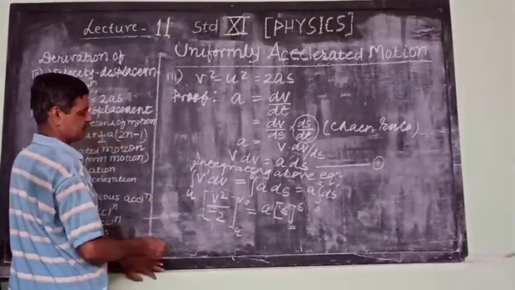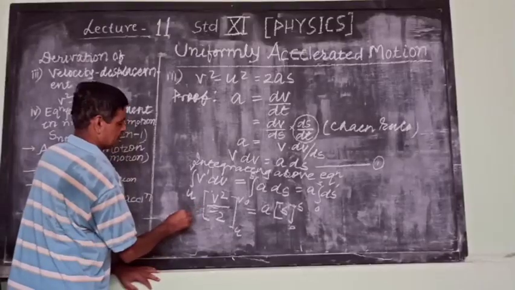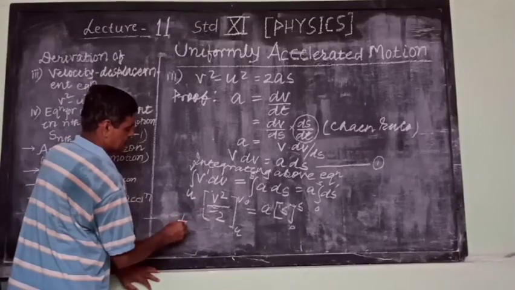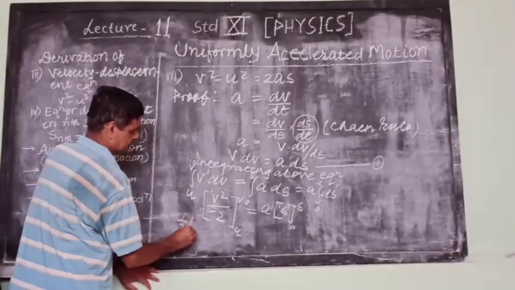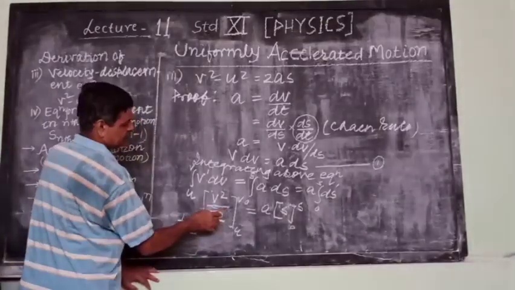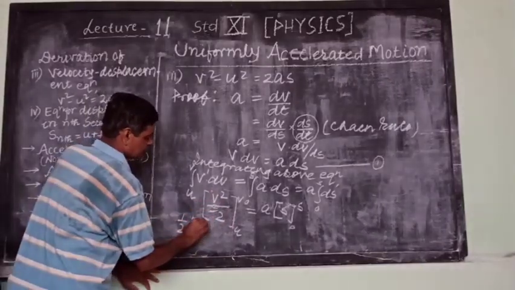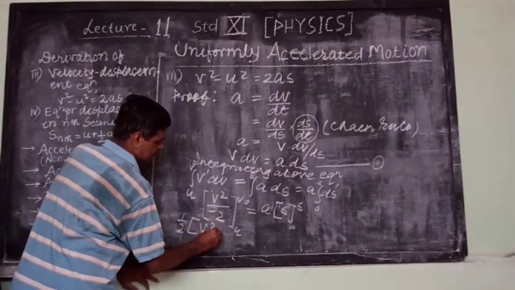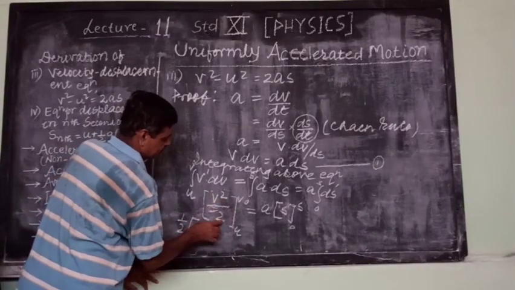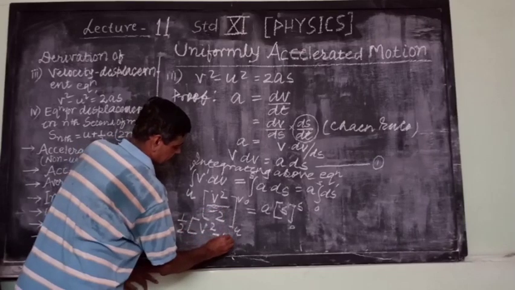It can be written as 1 by 2 can be taken common, upper limit is v, lower limit is u, so we can write it as v square minus u square, upper limit minus lower limit, definite integral.